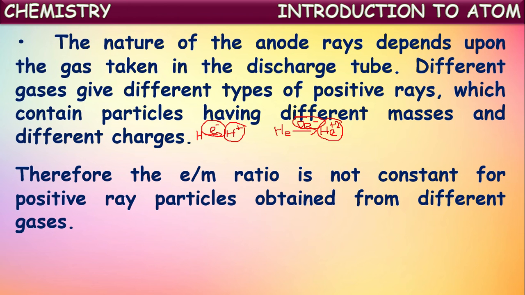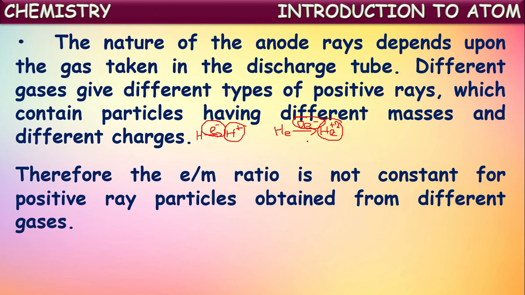Therefore, the e by m ratio is not constant for positive rays. The e by m ratio, the charge to mass ratio, is not constant for these positive ray particles obtained from different gases. So the e by m ratio for one gas will be different from the e by m ratio of another gas's positive rays. It depends upon the gas taken in the discharge tube.